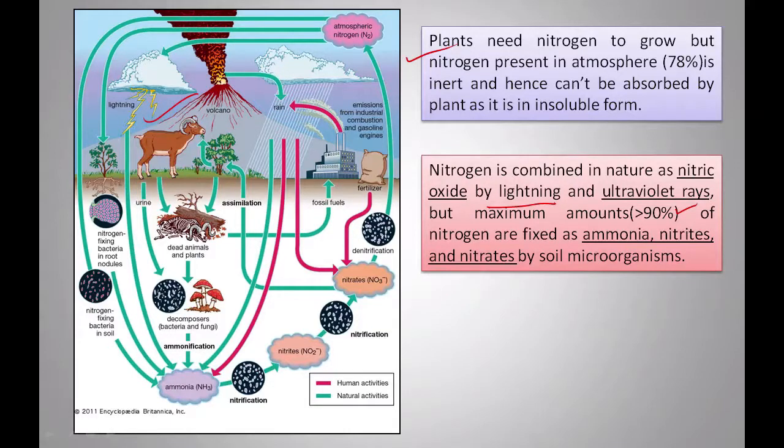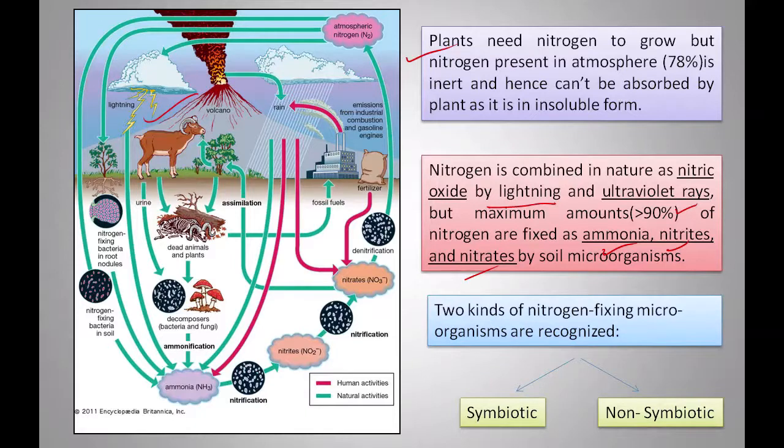But the maximum amount, more than 90% of the nitrogen, is fixed by microorganisms into ammonia, nitrites and nitrates by soil microorganisms. There are two kinds of nitrogen fixing microorganisms: symbiotic and non-symbiotic.